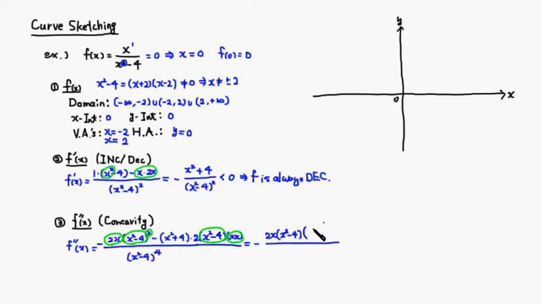From the second term you would have negative 2 times x squared plus 4, so that would be negative 2x squared, and minus 2 times 4, minus 8, then over x squared minus 4 to the 4th power.